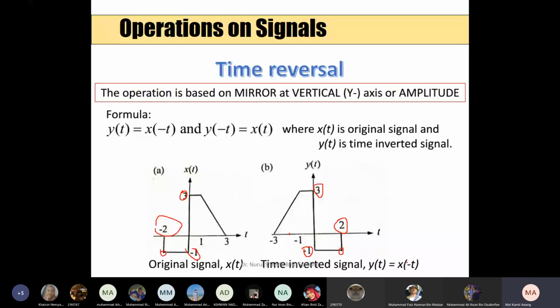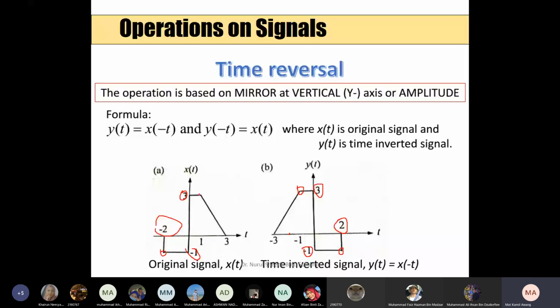Then after that, t is equal to 1. If t equal to 1, y of 1 is equal to x of minus 1. So what is the value of minus 1? It's actually here, 1. Or actually it takes this value.